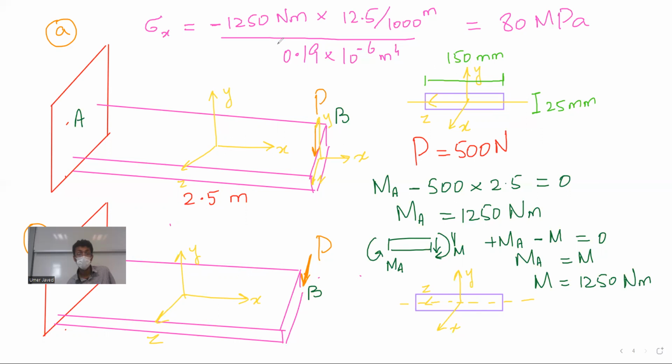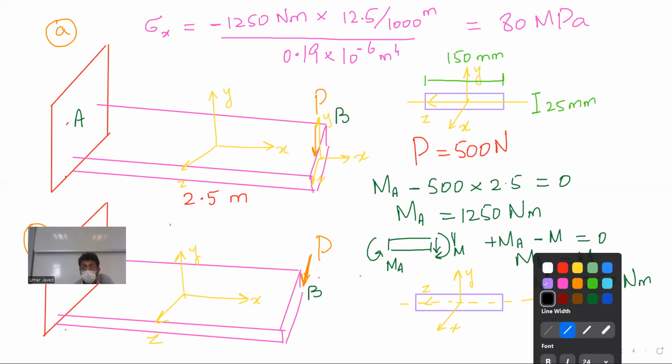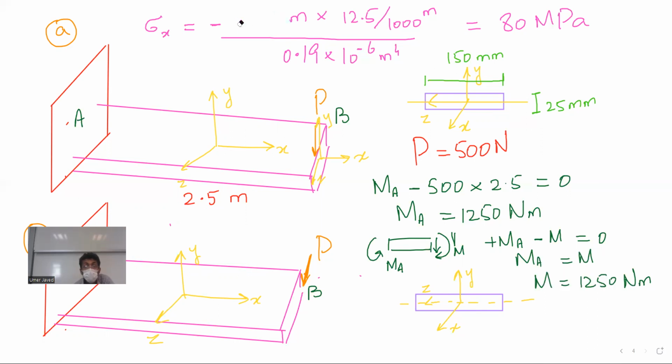I apologize. This is a clockwise moment, as one of the students had told us. So we did not pay attention. Minus is from the formula. The M I have made is clockwise, so minus 1250. So the answer comes out to be positive.